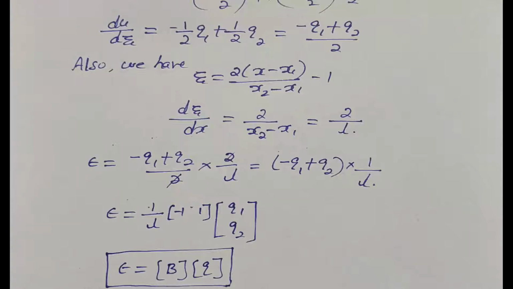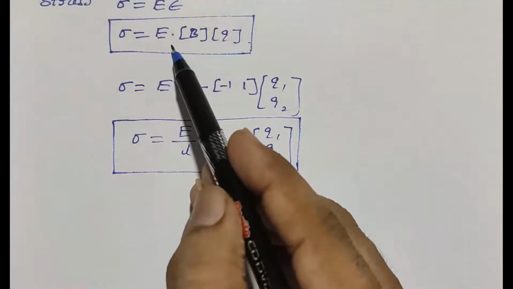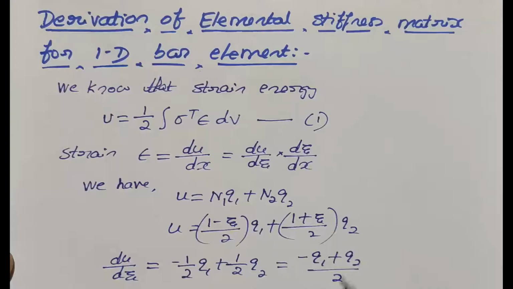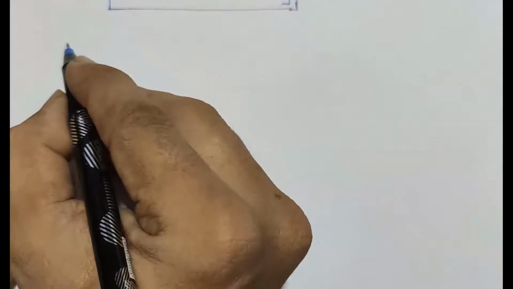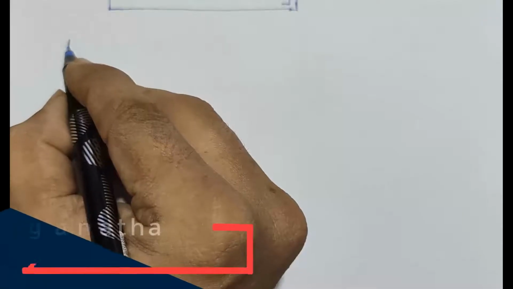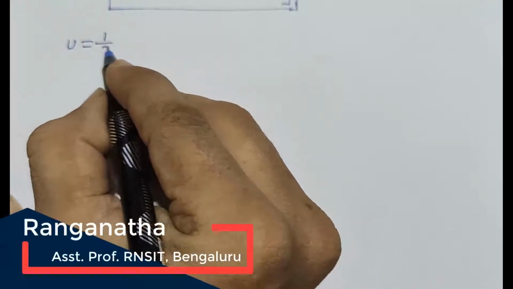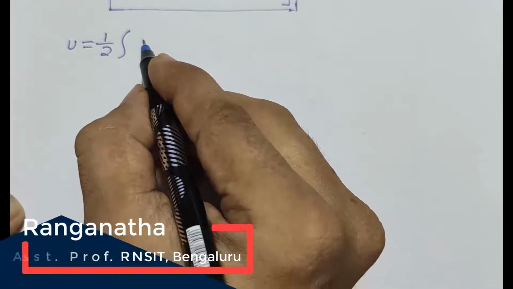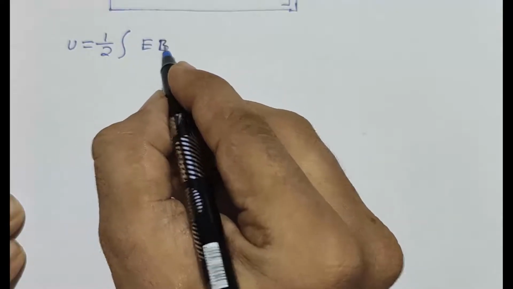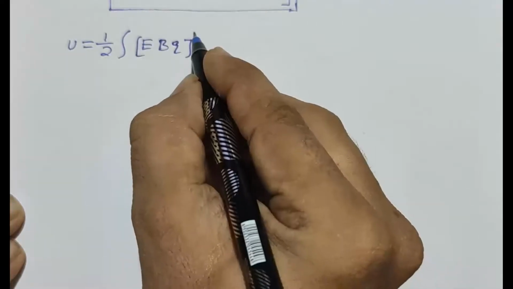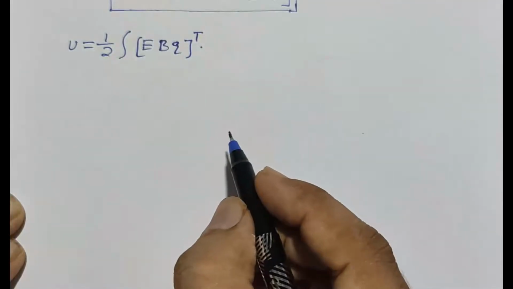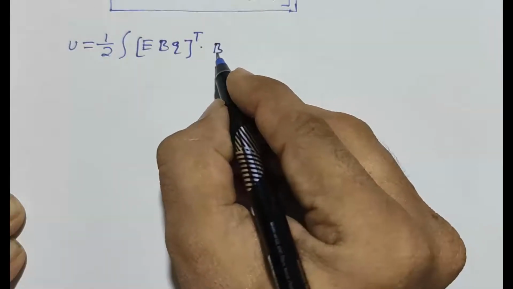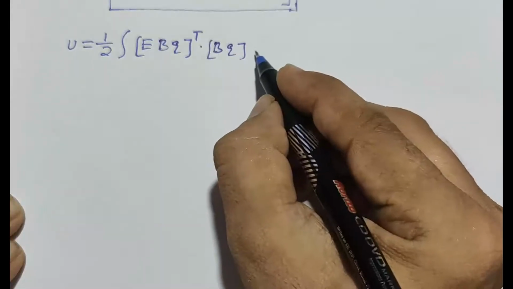Now we will substitute epsilon is equal to B into Q and the stress sigma is equal to EBQ in this equation. So we will get strain energy U is equal to half integration sigma transpose, means EBQ transpose, into epsilon, that is B into Q, into dV.